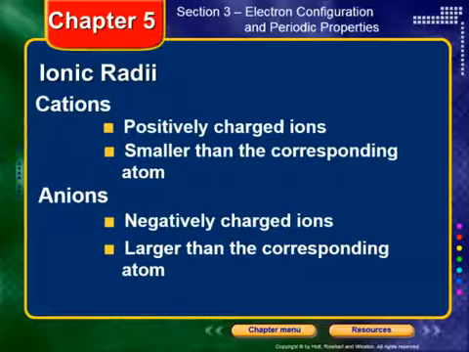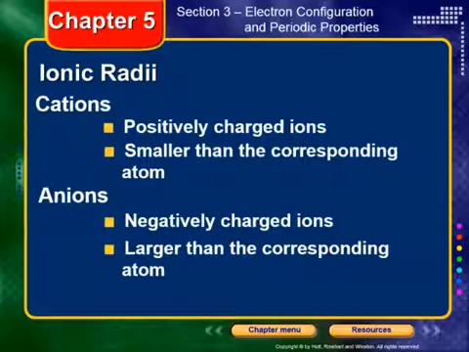Now, let's look at why. When we have a cation, it's positively charged. That means that we have lost an electron. When you lose an electron, the amount of attraction force that the nucleus is having on the electrons doesn't change because the number of protons hasn't changed. What has changed is the amount of shielding that the other electrons around the nucleus are going to be experiencing.